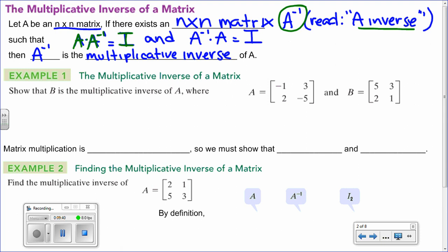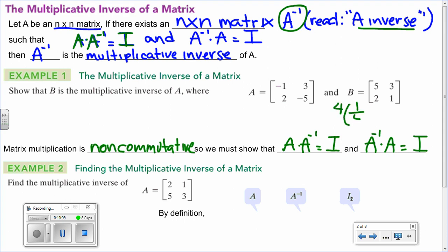And since multiplication is non-commutative, write it over here. We must show both. Either way, if you multiply, you will get the identity. That's how you prove that two matrices are inverses of each other. Just like with numbers, 4 times 1/4 is 4 over 4, which is 1.